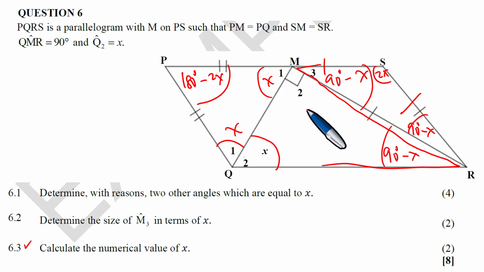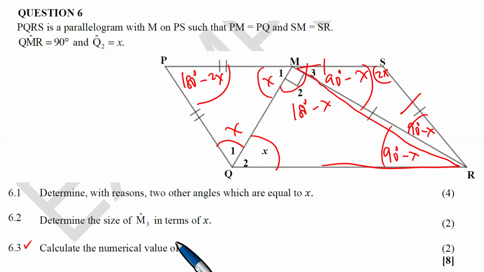Okay. Right, so this angle here is 180 degrees minus x. It's 90 plus 90 minus x, which is equal to this plus that, which is 180 degrees minus x.